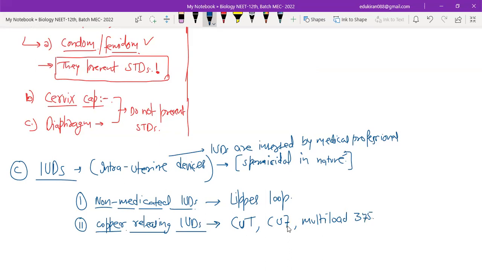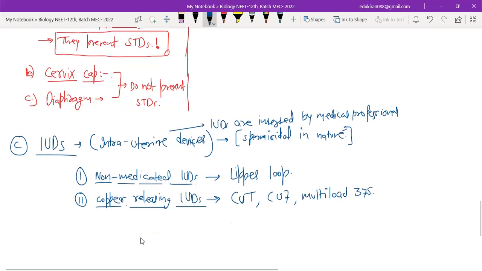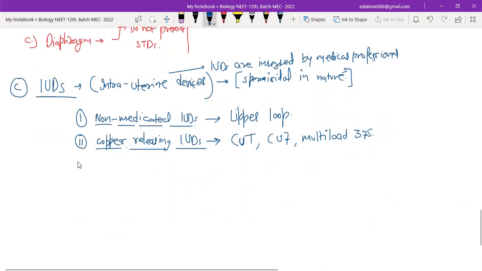Copper T, copper 7, and multiload 375 are copper releasing IUDs. Now, what does copper do? These cations hamper the motility and viability of the sperms and kill them, making the environment hostile. It is a very cation rich environment. Okay, everyone? Is it clear?